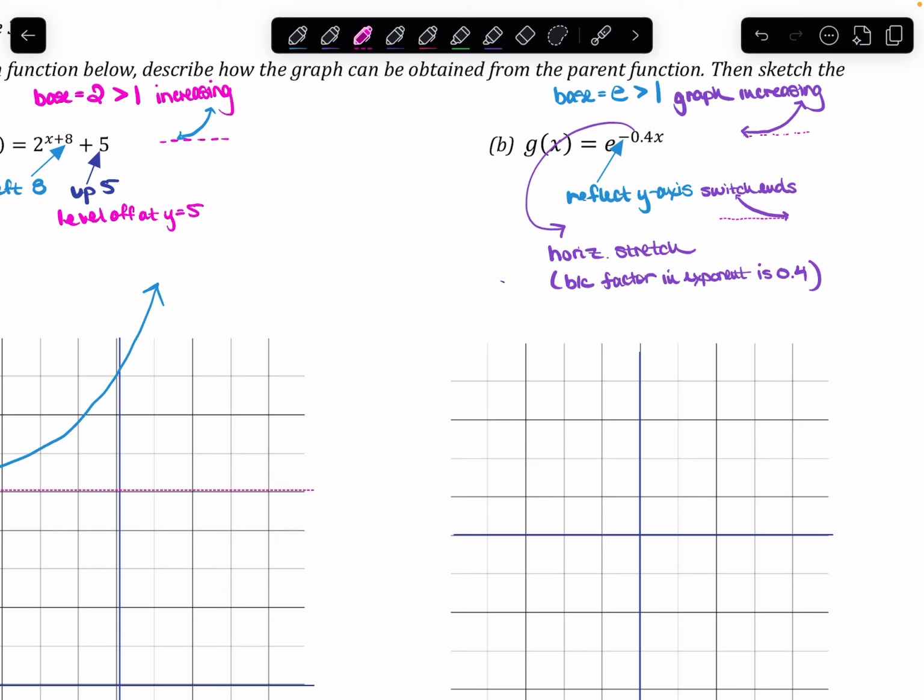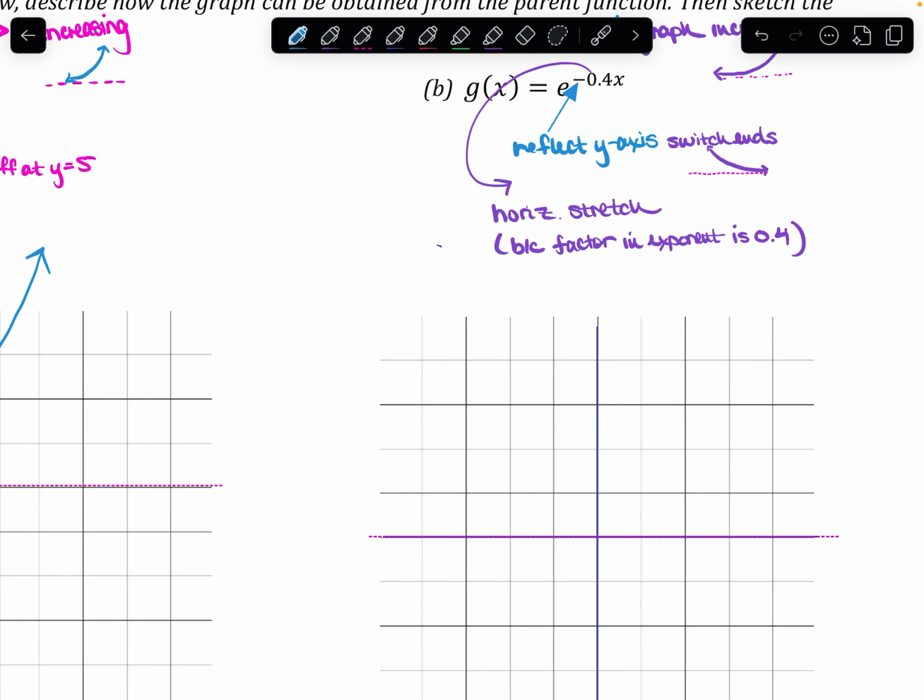So I'm going to draw this in for you. In your online homework, make sure the graph you draw is leveling off at y equals 0. And then we said the graph is switching ends because it was reflected across the y-axis. So ours is going to look something like this. To use that graphing tool to get that equation graphed, just plot some points to help you get it in the right spot.